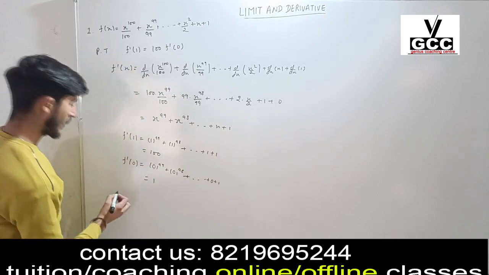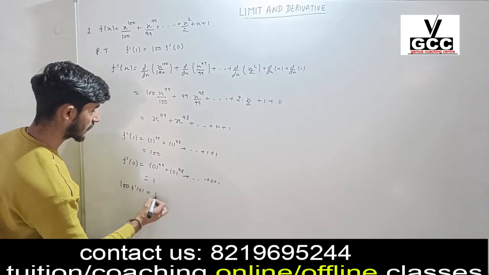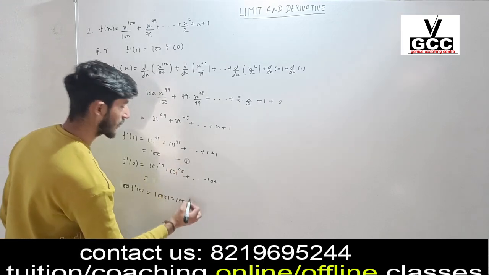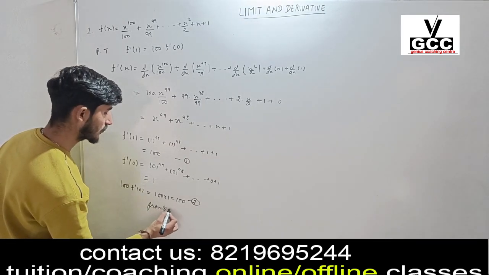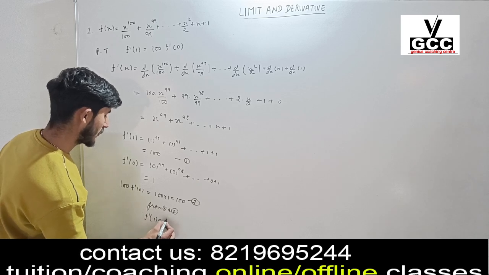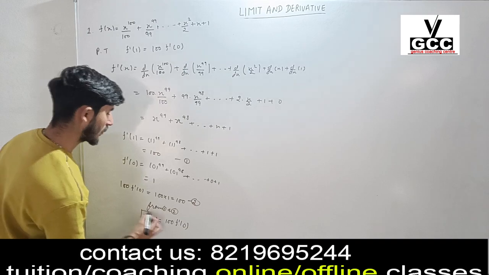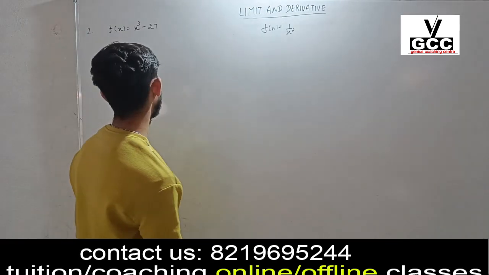Now we have to find 100 times f dash 0, that is equal to 100 into 1, that is equal to 100. From 1 and 2, what did we get? f dash 1 is equal to 100 times f dash 0, that is the required proof of the given function.